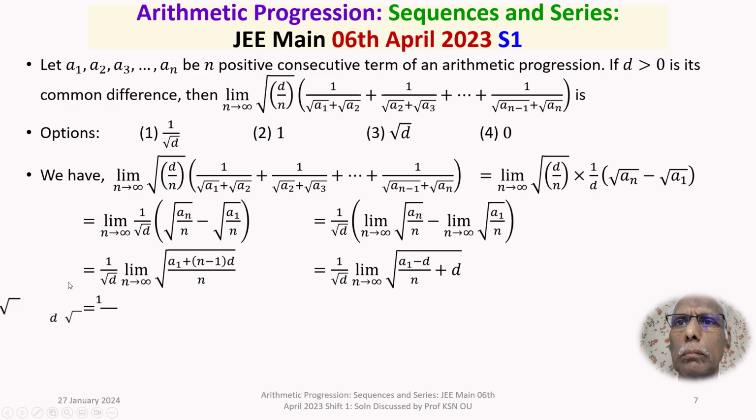So it will be 1 by root d into root d after taking the limit, and root d cancels, and that will be 1. So the answer to this question is 1, which is appearing at option 2. So the answer to this question is option 2, namely 1.